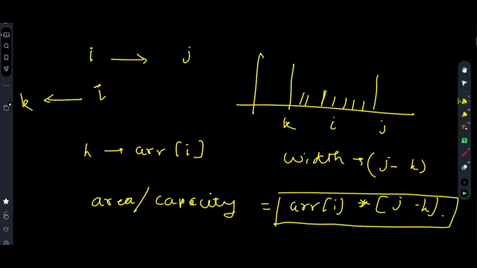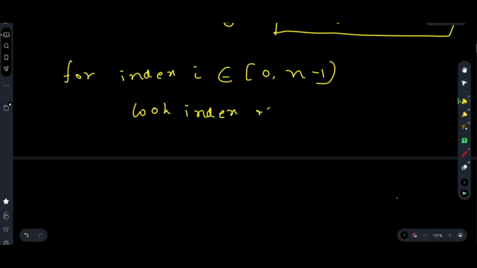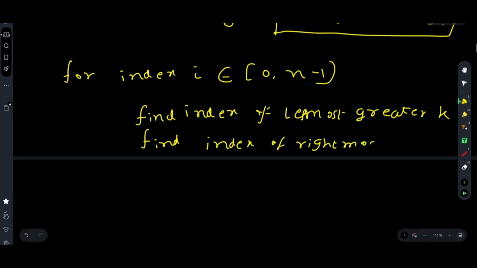I will not write a brute force code, but this is the idea of the brute force. For index i belongs to 0 to n minus 1, look for the index of the leftmost greater k, or find the index of the rightmost greater j.